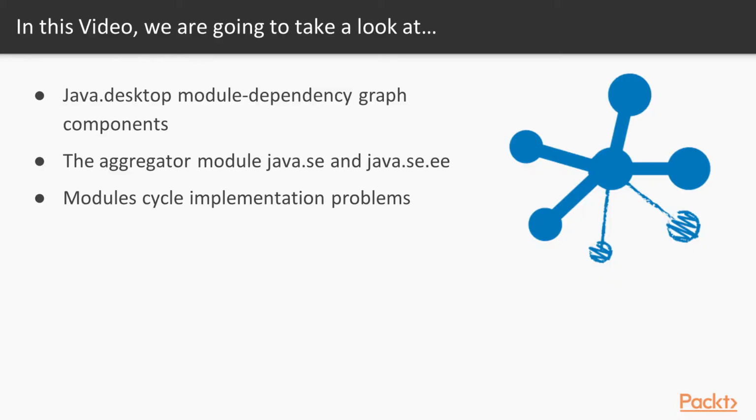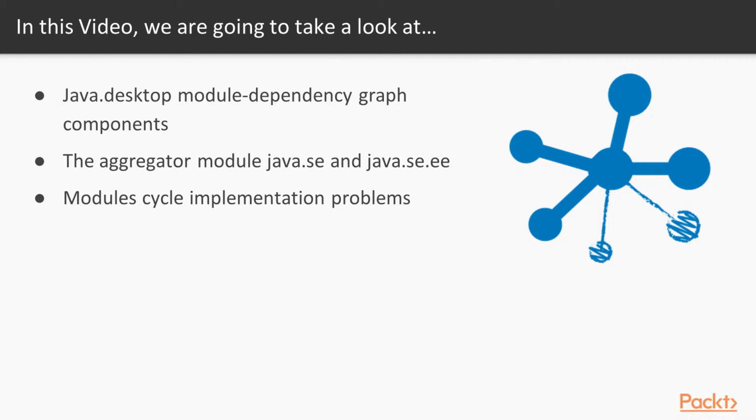So, in this video, we are going to take a look at the dependency graph components of a module depending on the java.desktop Java SE module. Then we will get a closer look at the aggregator modules java.se and java.se.ee. Finally, the errors that occur if a module directly or indirectly requires itself. This is known as cyclic dependency problems.